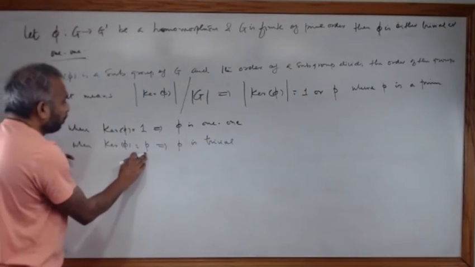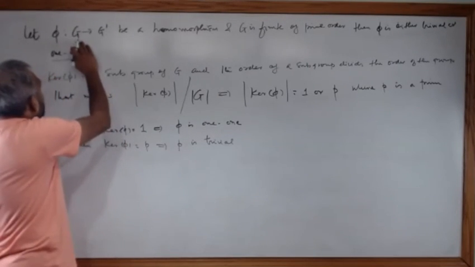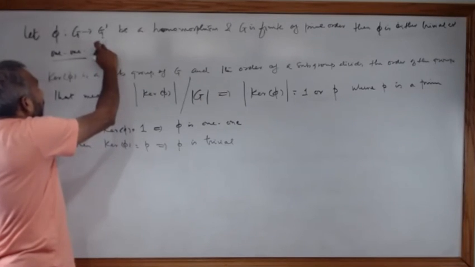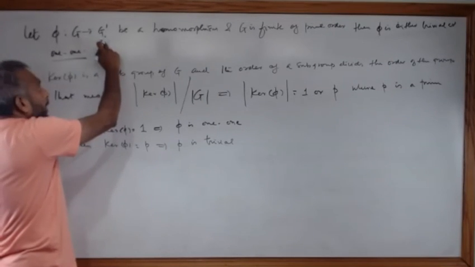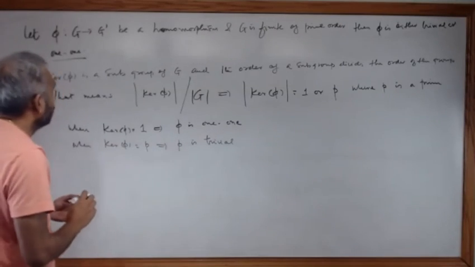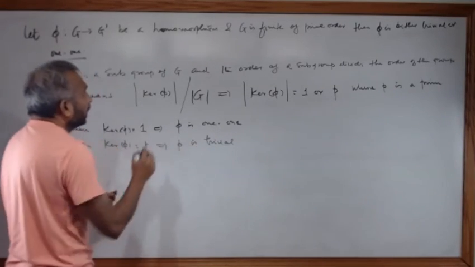Kernel of phi is equal to p means all the elements of G are mapped to the identity element of G prime. So it is either one-one or trivial, and that's what we want to prove.